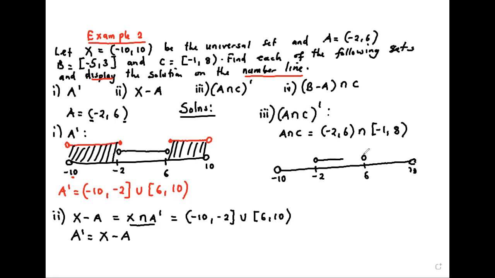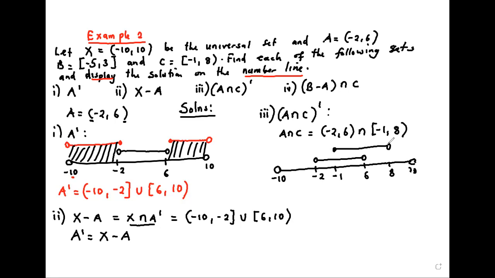That's A. And then -1 to 8, closed, open. So closed when we have the box, open when we have that bracket there.